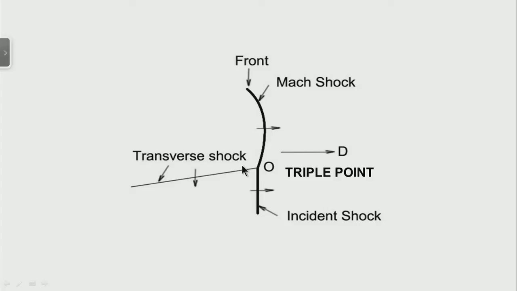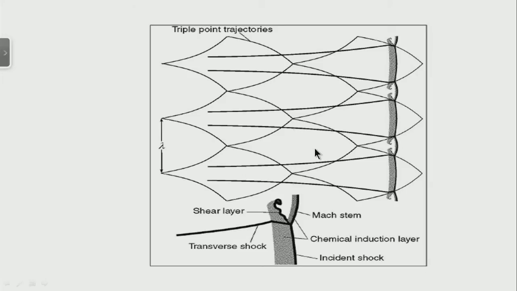And therefore, if I were to enlarge this picture for the total detonation, what do I get? I have the Mach stem shock, the incident shock, and the lateral transverse shock over here. The Mach stem shock is normally much stronger than the incident shock.